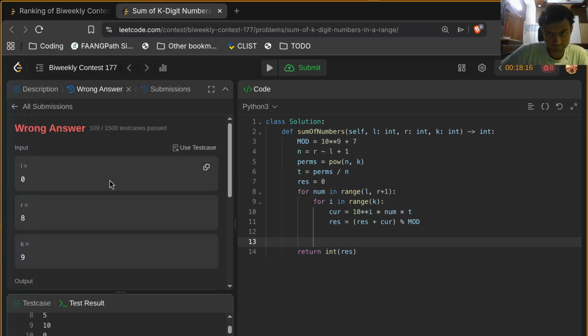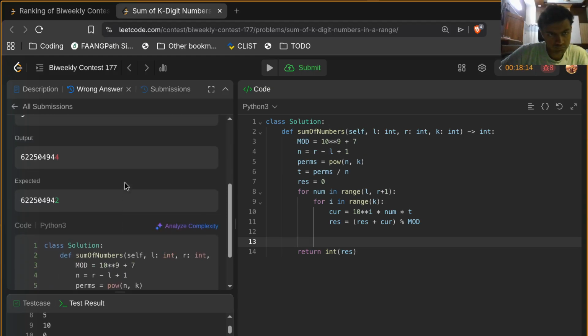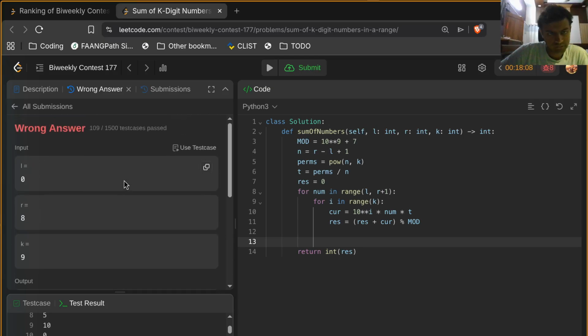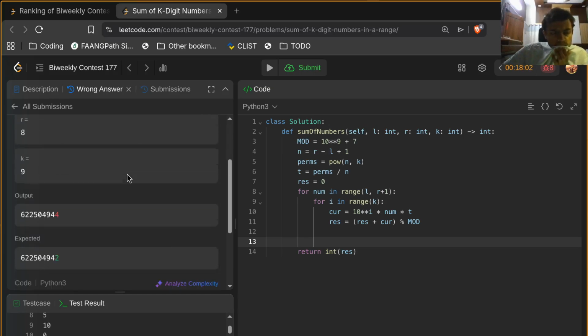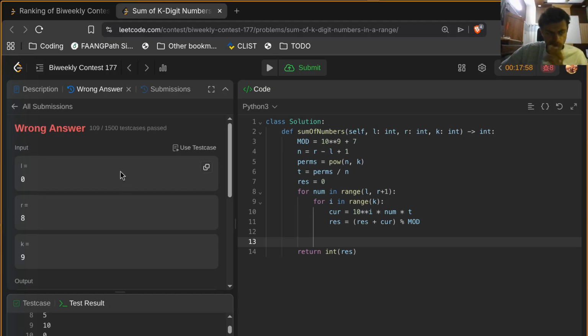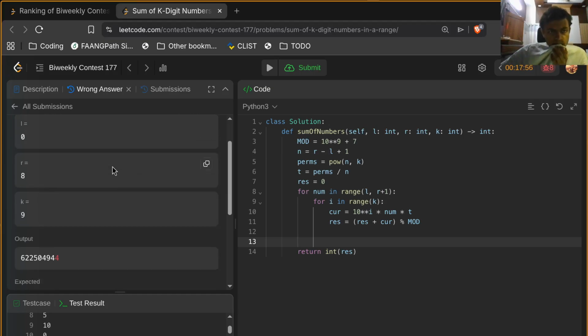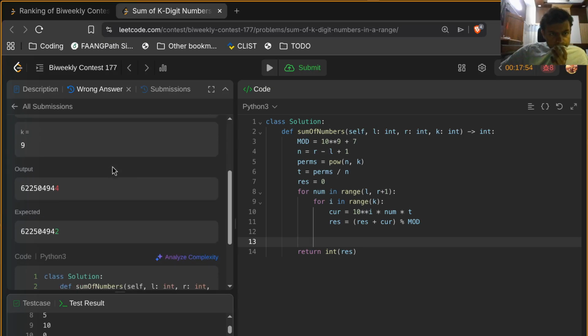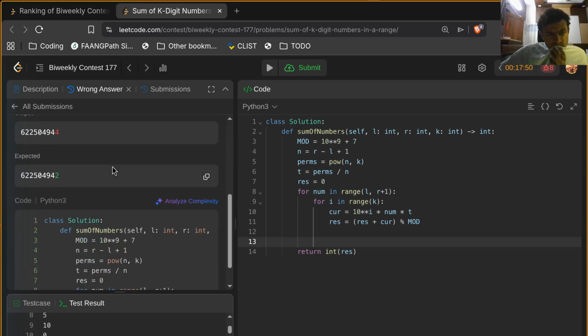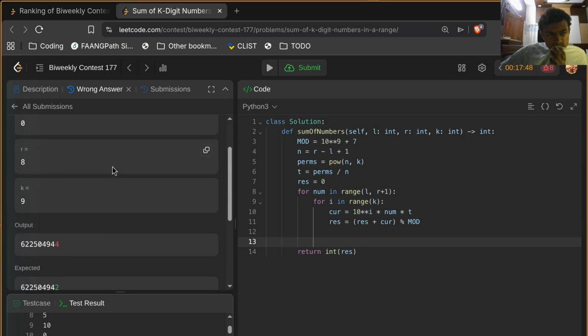Hmm. Not quite sure about this one. Hmm. Why is this wrong?